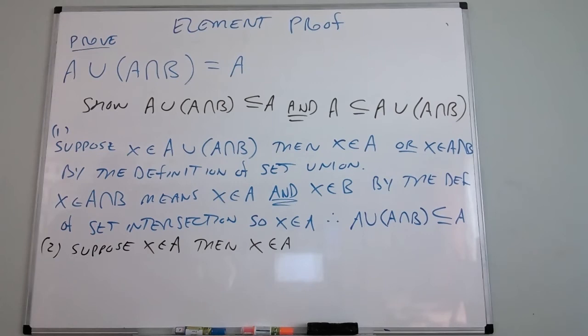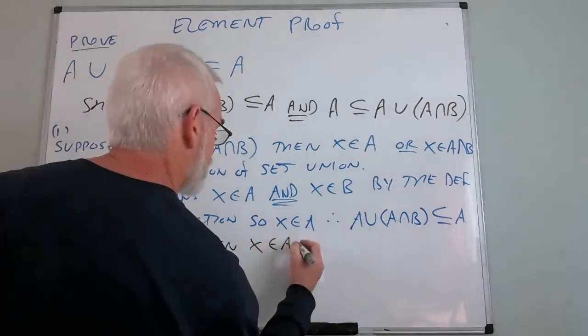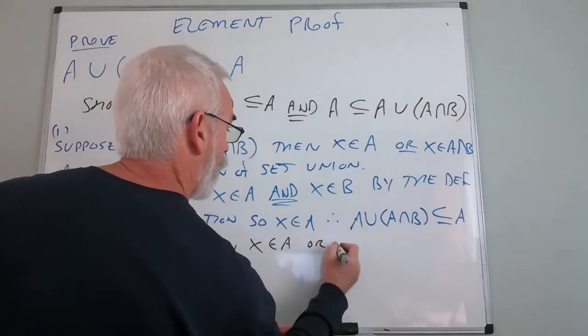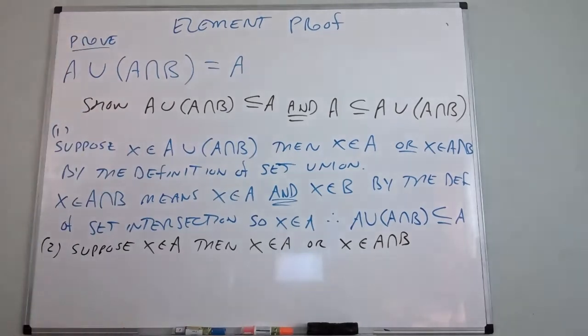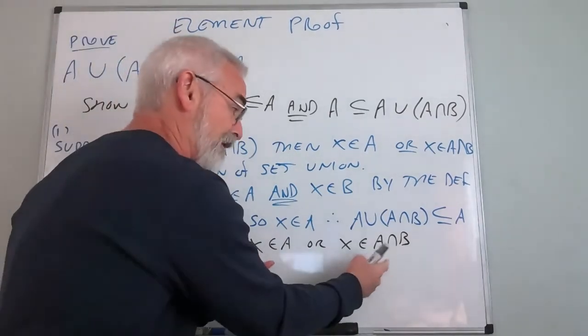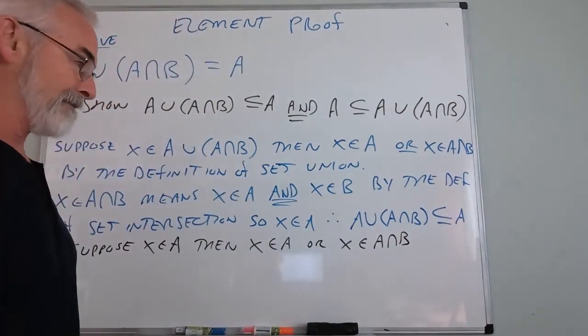If X is in A, oh, sorry, we're doing the union here. Then X is in A or X is in A intersect B. There we go. If X is in A, then definitely X is guaranteed to be in at least one of these because it's already in A.